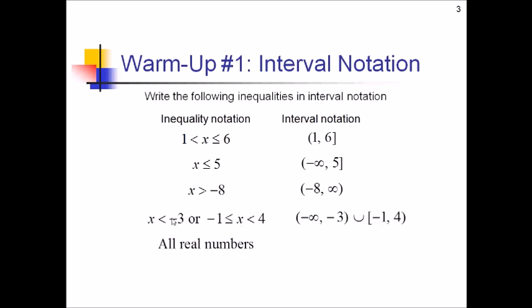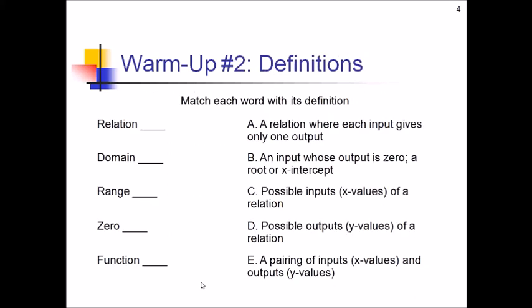So you just do each inequality individually and then link them up with these U's to show that they're all part of the same solution set. And then finally, all real numbers, we want to go from negative infinity to positive infinity on this one, all parentheses.